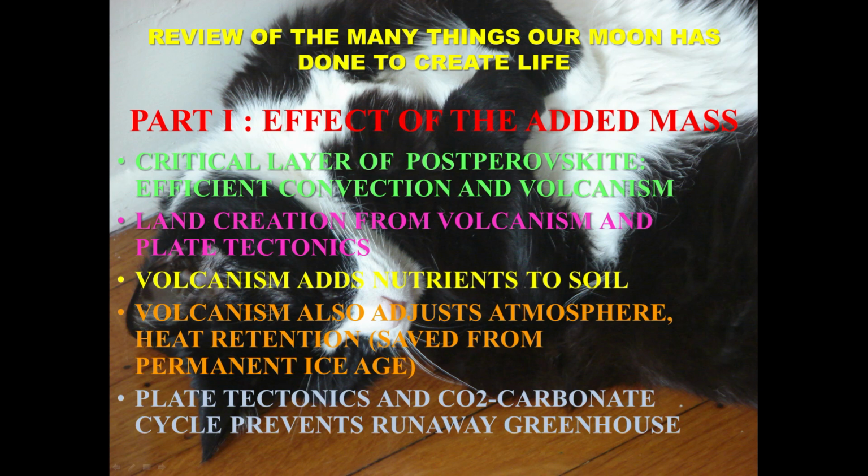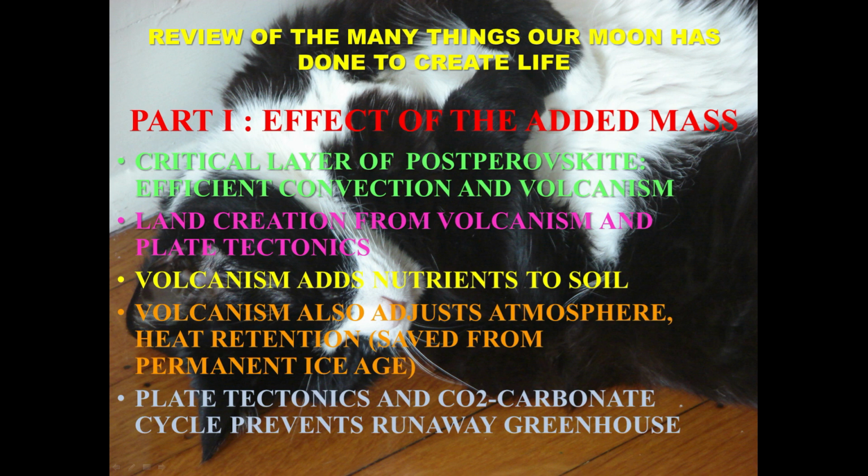So before we got to the formation of this handsome mammal, there were a whole lot of things that had to happen with the help of our moon. This is the beginning of a summary of just what the moon did for us. First of all, it added mass to the proto-Earth. It allowed us to have a critical layer of post-perovskite, allowing efficient convection and volcanism.